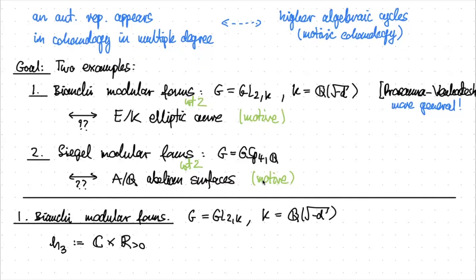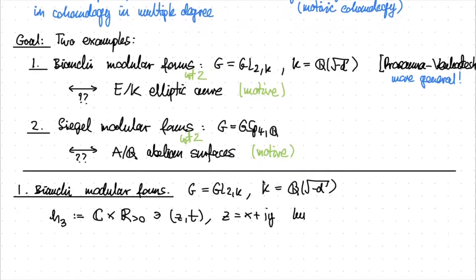A model of that can be taken as a copy of the complex numbers and the positive real numbers. Let's call these variables Z and T, and Z is going to be X plus iY, just for later.